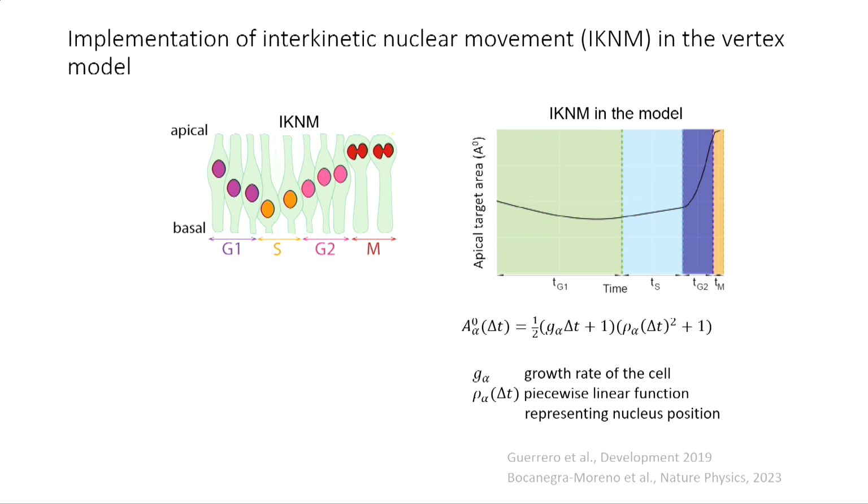So depending on the stage of the cell cycle, early on it slightly goes down and then goes up. This term is just the increase in the volume of the cell, so cells also grow in size. And this is the part that corresponds to movement of the nucleus, resulting in this ballooning close to the division.